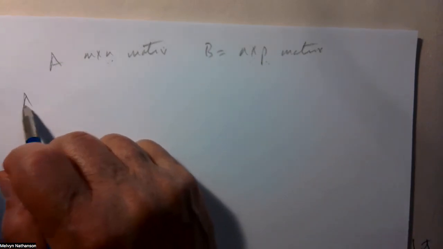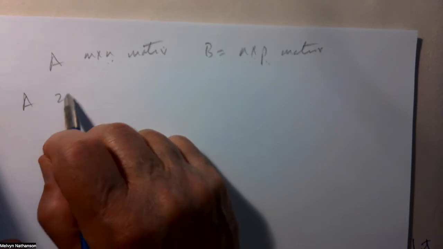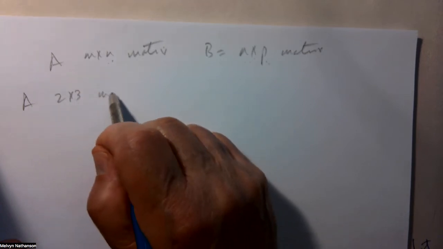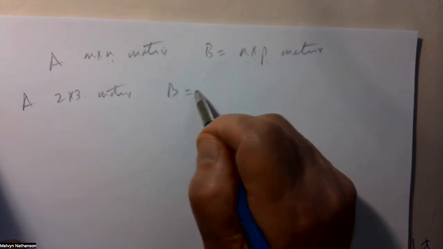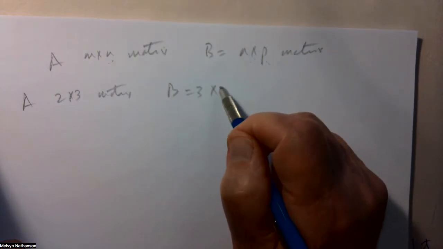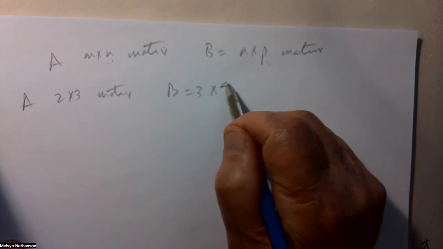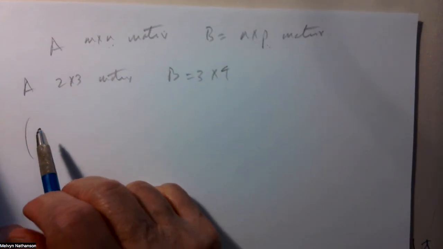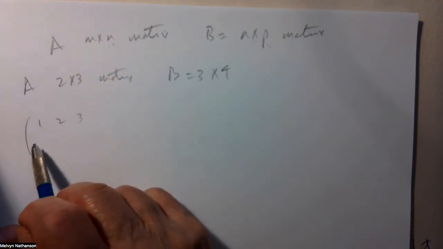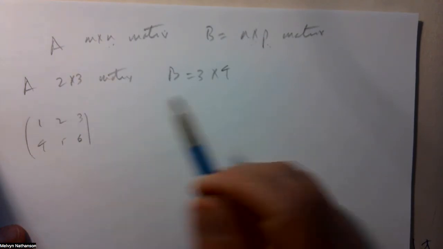So for example, suppose A is a 2 by 3 matrix, and B is a 3 by 4 matrix. So A looks like, I'll make it easy, 1, 2, 3, 4, 5, 6.